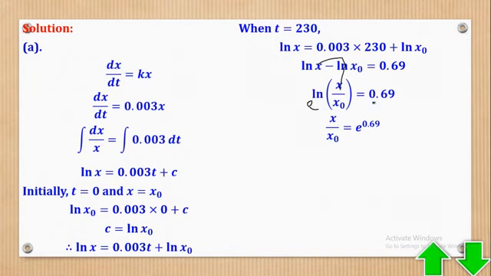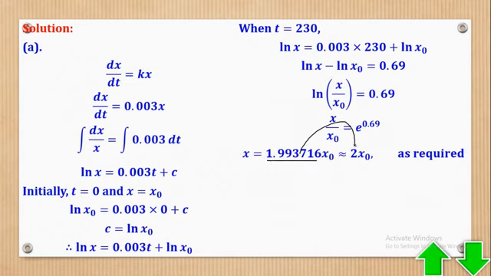This one cancels to remain with x over x naught, and inside it will be exponential of 0.69. Making x the subject gives you this, and this one can be rounded off to 2x naught. And I think you realize that it has doubled, because initially it was x naught and now it is 2x naught, meaning it has doubled.